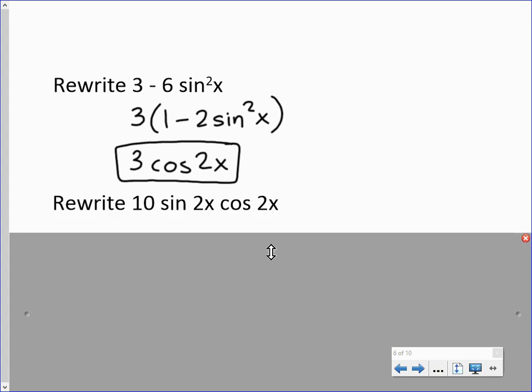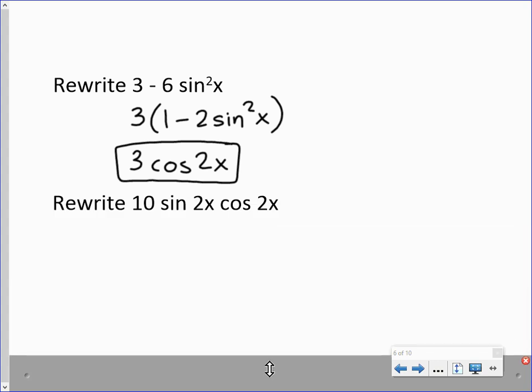One other one, and this one's a good one to look at, can you rewrite 10 times sine of 2x and cosine of 2x? I like where Saban went with that. You have to use that one formula because it looks most like which double angle formula? The first one we did.